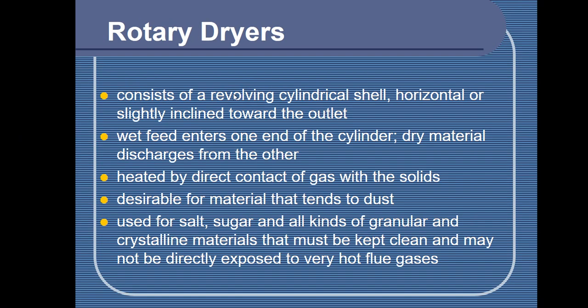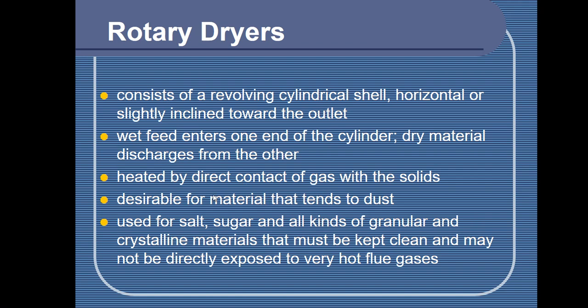Now, we also have the rotary dryer. Similar to the drum dryer, it also involves a cylindrical shell that is revolving. It could be horizontal or slightly inclined. The wet feed enters on one end of the cylinder and the dry material is discharged from the other. Heating here is through direct contact with a gas.